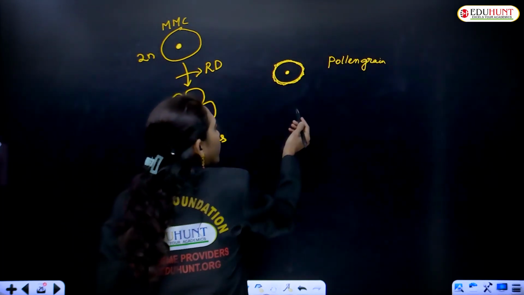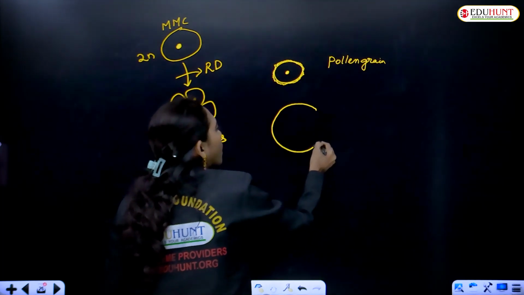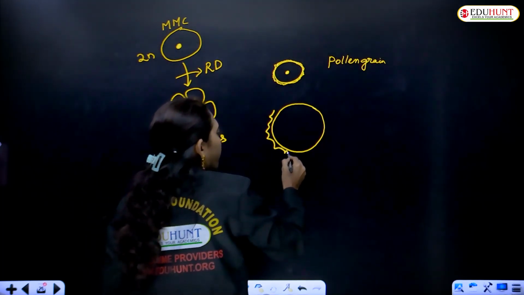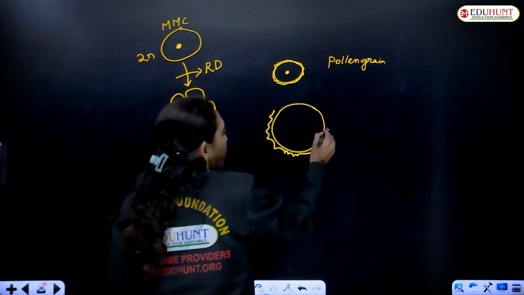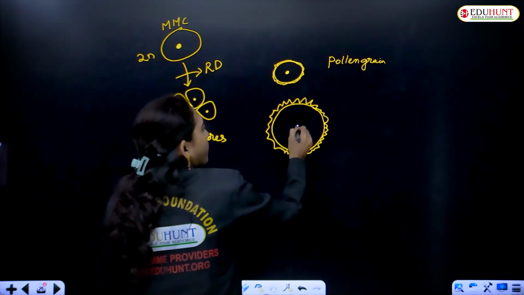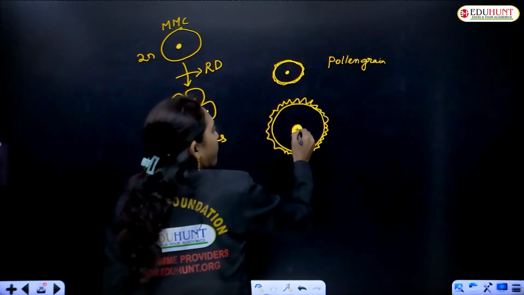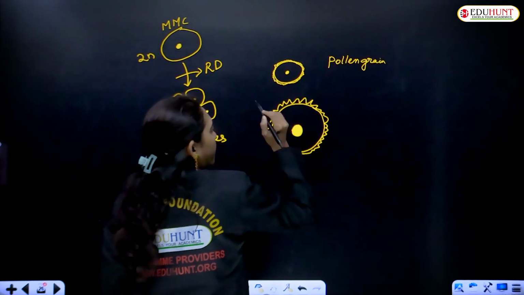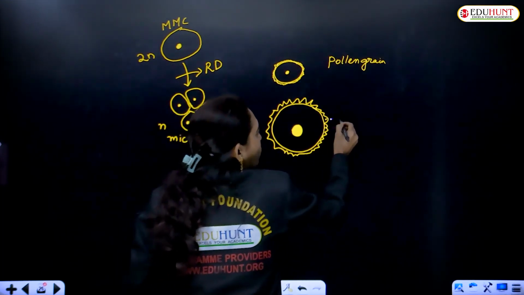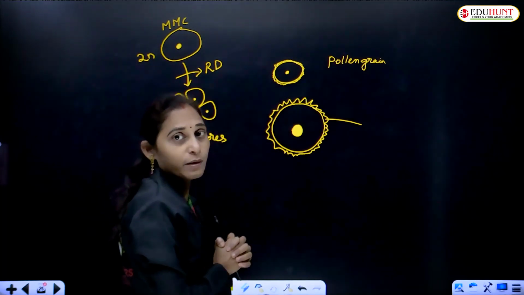Enlarged view of a pollen grain. The outermost layer of the pollen grain is rough and ornamented.